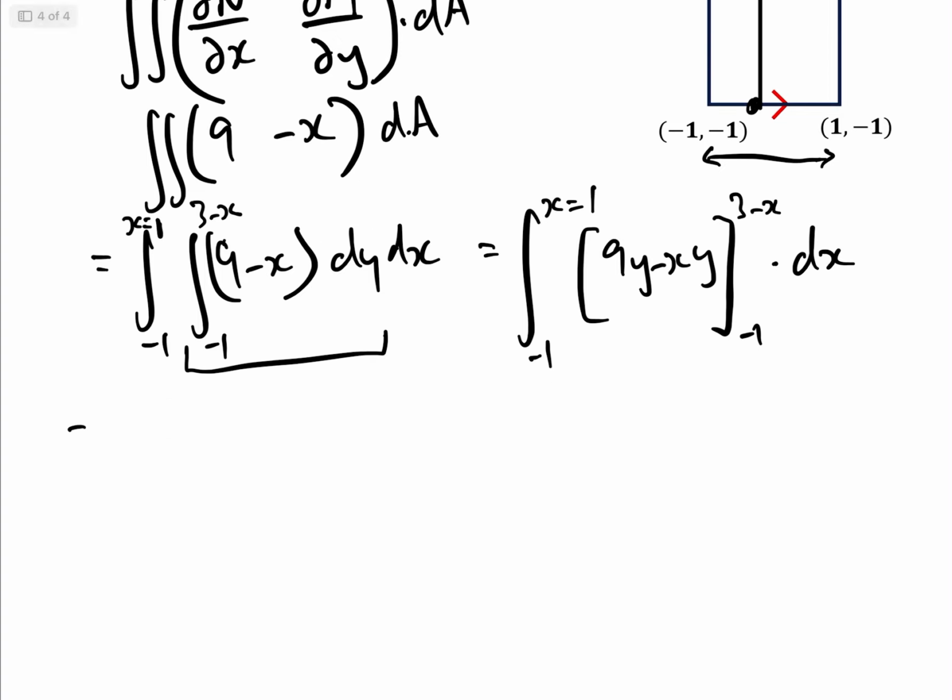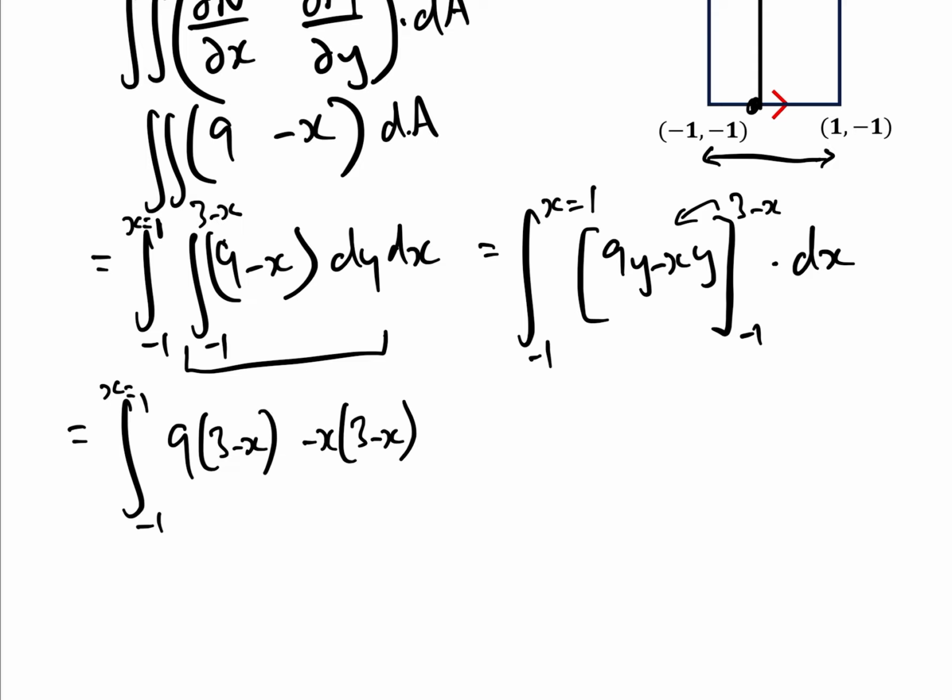That's doing the y part of it, which equals the integral between 1 and -1, that's x equals 1 and -1, of, and we have to put the limits in now, so we've got to be a bit careful here, 9(3 minus x) minus x(3 minus x) minus (-9 plus x). We do have to be really careful with these negatives. I hope I haven't made a mistake here.